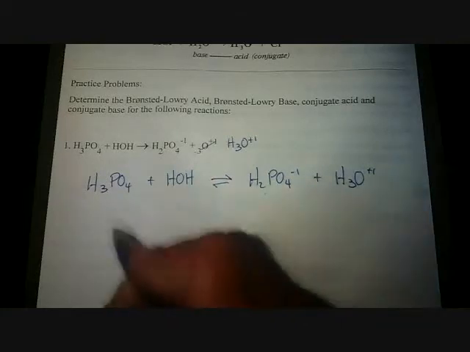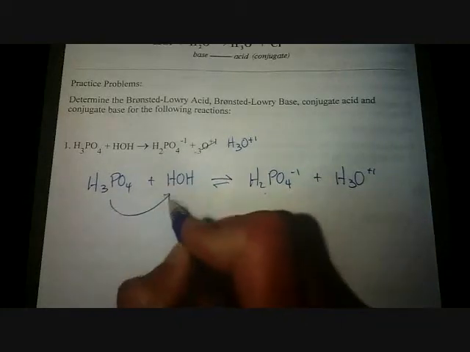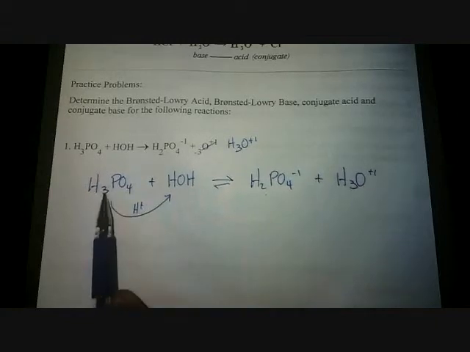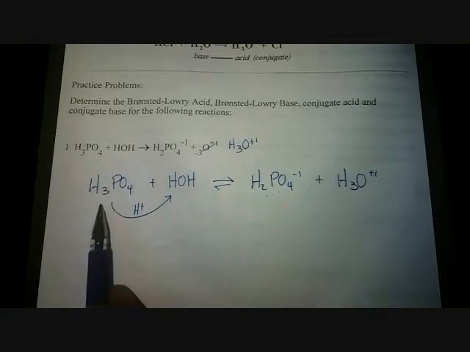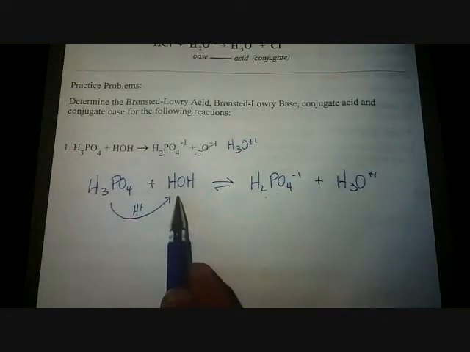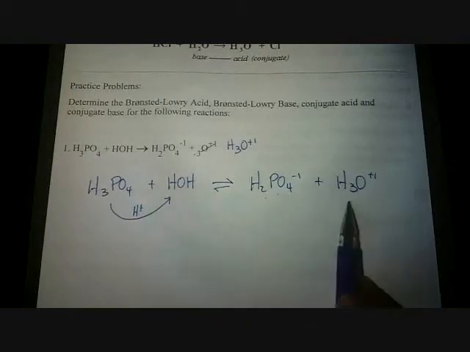Lost one. So what that means is it donated to the water. And this is what I do for all these. I always show the pathway. In other words, from here to here, the H3PO4 lost a hydrogen. Okay? And then just to double check to make sure everything's okay, from here we have 2 hydrogens, here we have 3.